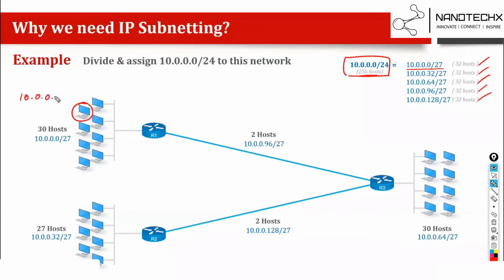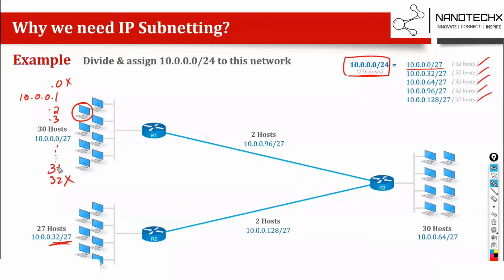The second one will have .2, .3. Then finally it will go up to .31. So total 32, but .31 cannot be used and .0 cannot be used as well, so it will be 30.